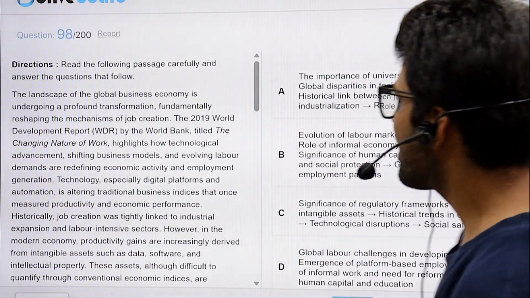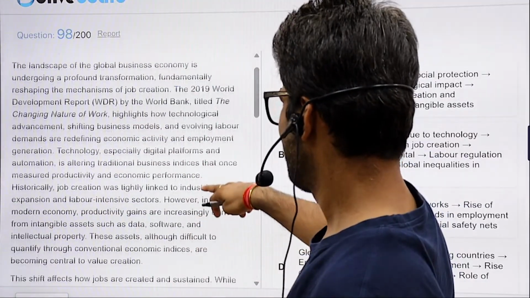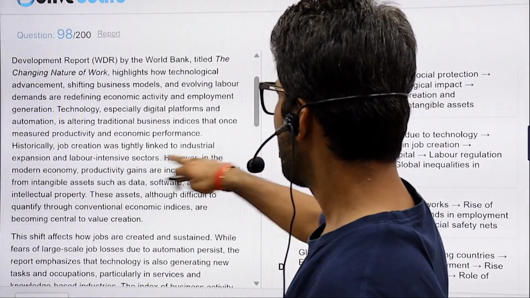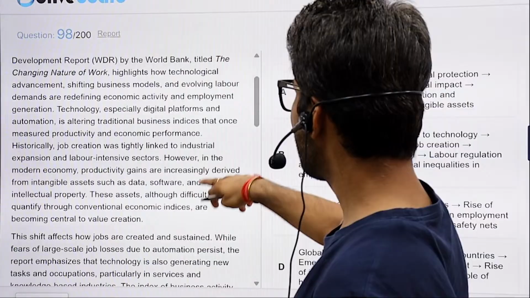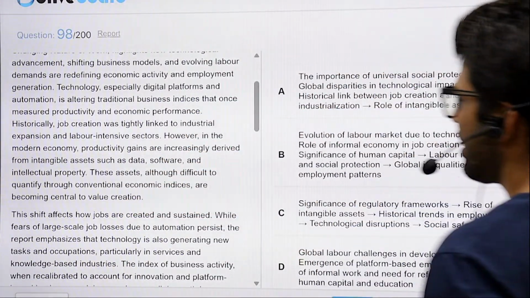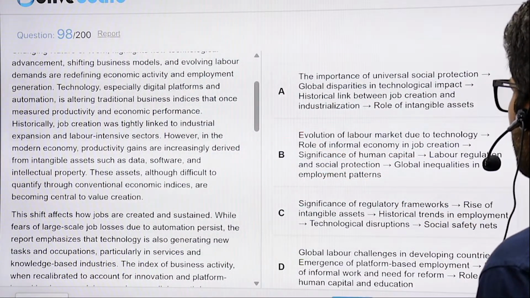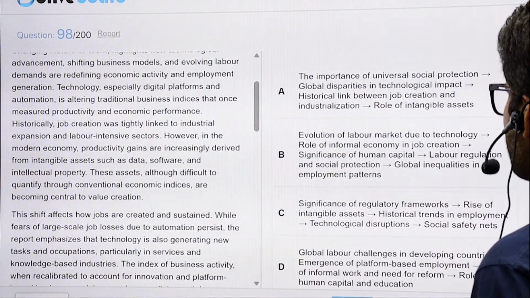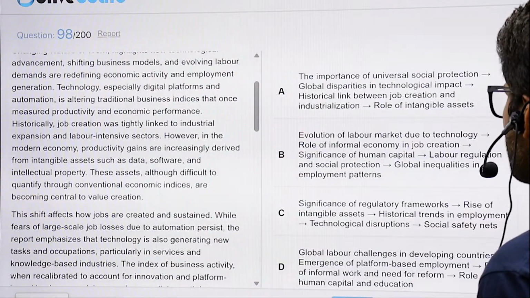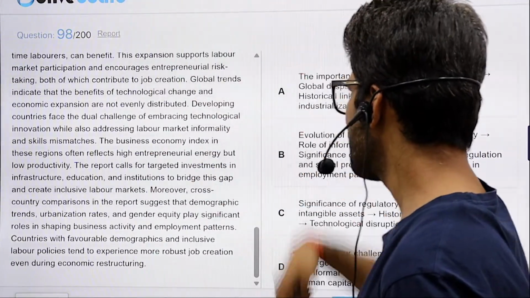Later on, they started with the history, I think. Historically, job creation was tightly linked to industrial expansion, and now they are moving to intangible. Evolution of labor market due to technology, role of informal economy, significance of human capital, labor regulation and social protection, global inequalities in employment patterns. I think that should be correct.